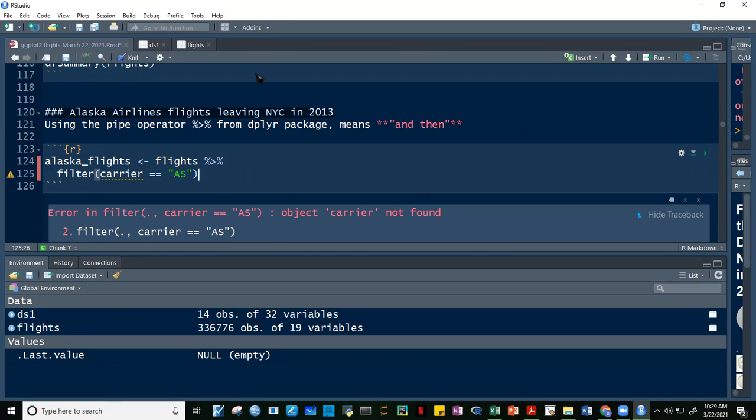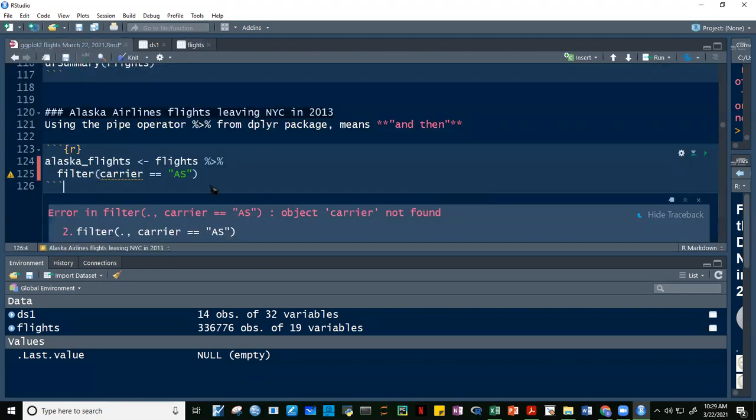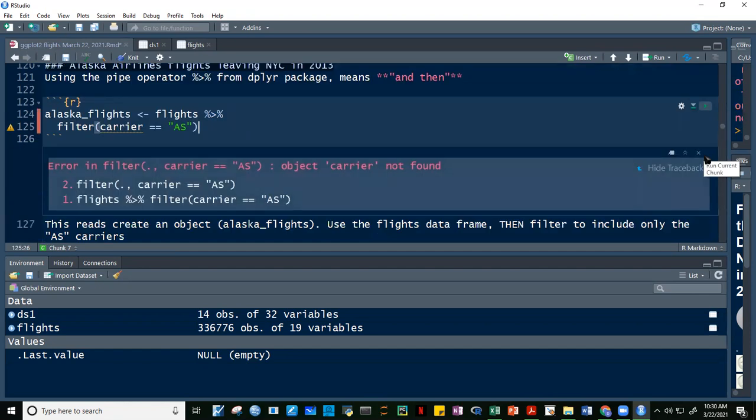Ano nangyari sa akin? Ano yung carrier? Tama naman to. Guys, nag-run sa inyo? Oops, why?